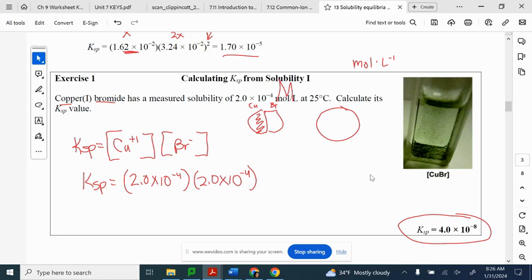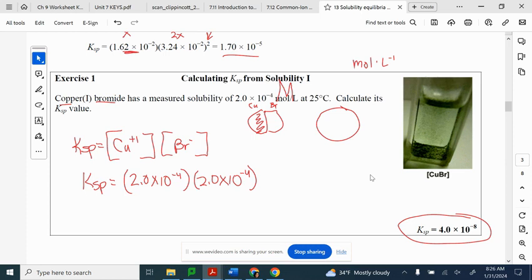Maddie? And you said it's the same, like the parts should be the same as the whole. But if we multiply them together again, they wouldn't equal. Well, but that's to solve for KSP. That's a different ballgame. You're just trying to figure out initially what the molarity of each one of these would be.